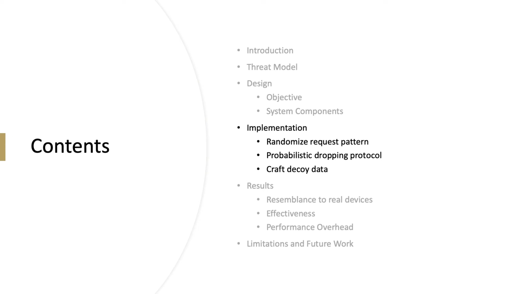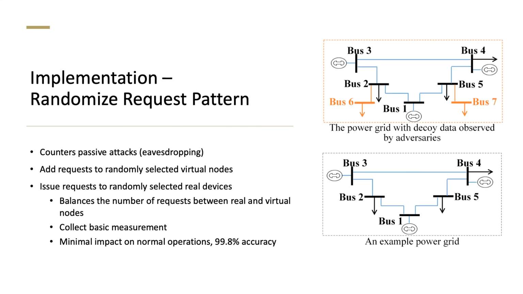And now let's move on to how the researchers actually implemented all these defense mechanisms. To address the first type of passive attacks, which is just eavesdropping on the network traffic, they have something called randomized request pattern.